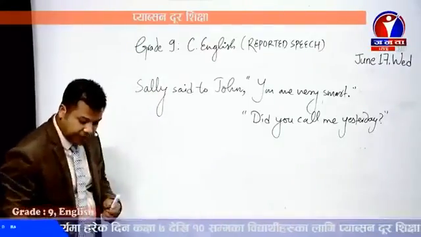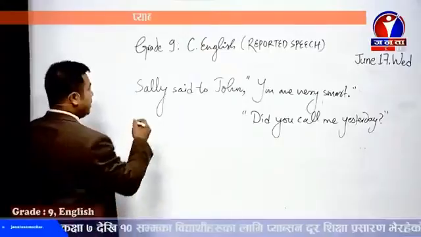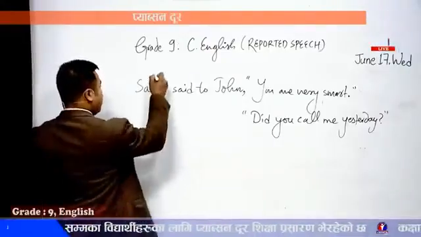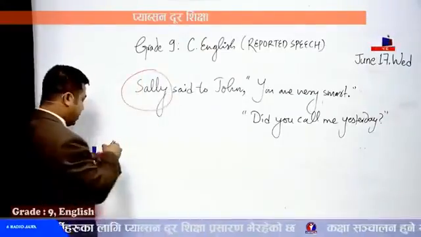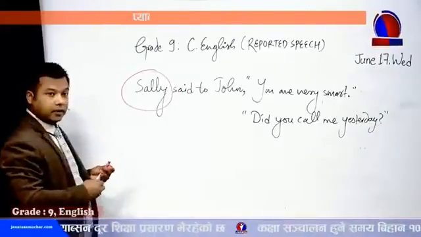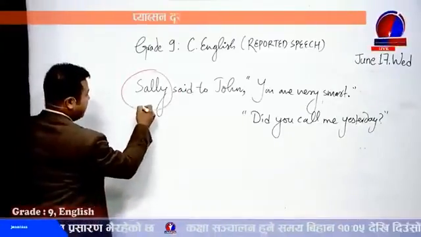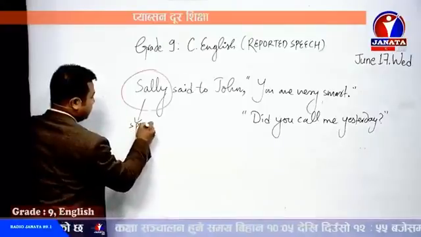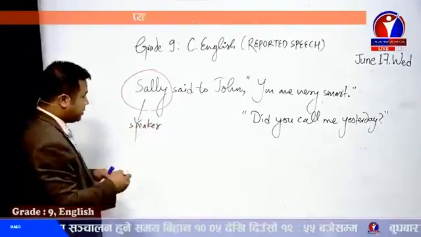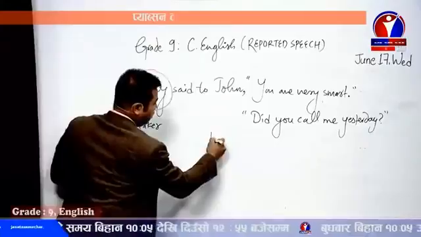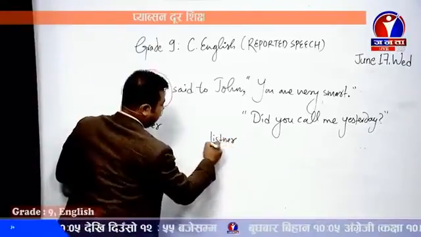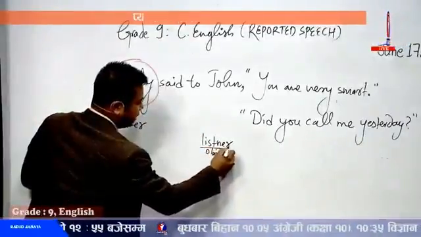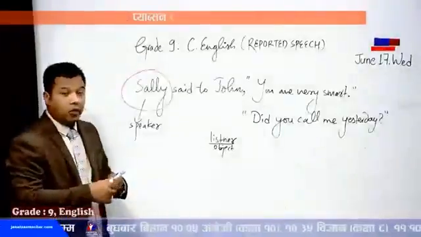Now, the basic idea of reported speech is that in every example we need to identify the speaker. Sally is our speaker. She speaks in the sentence. Who is John? John is the listener, or we can understand this as a listening object.